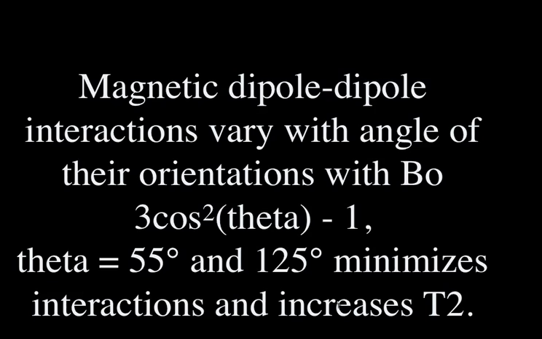That's because you've minimized the dipole-dipole interactions. So what you see in tendons is that the signal intensity on short TE images will vary depending upon their orientation with respect to the main magnetic field, and you'll get a maximum signal when they're around a 55-degree angle with the main magnetic field.